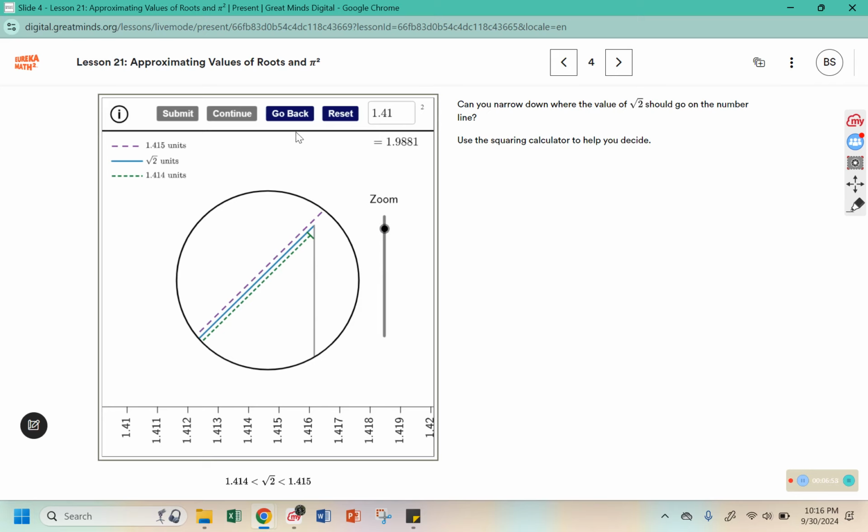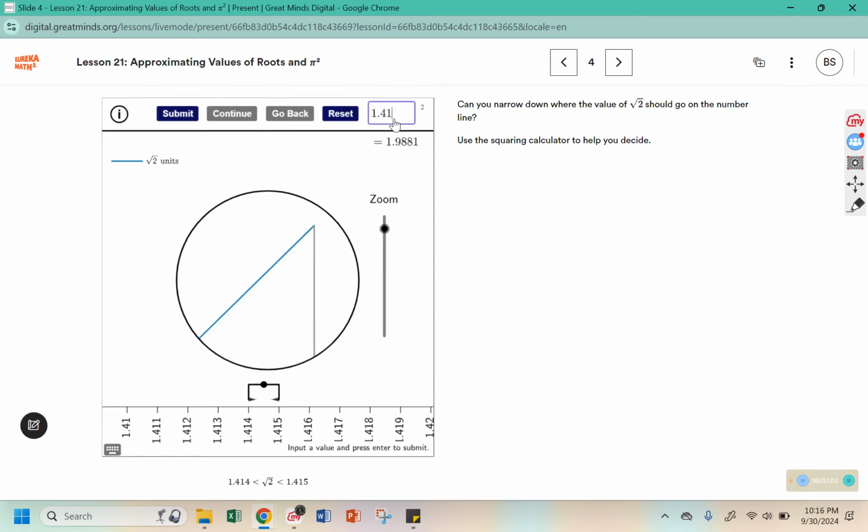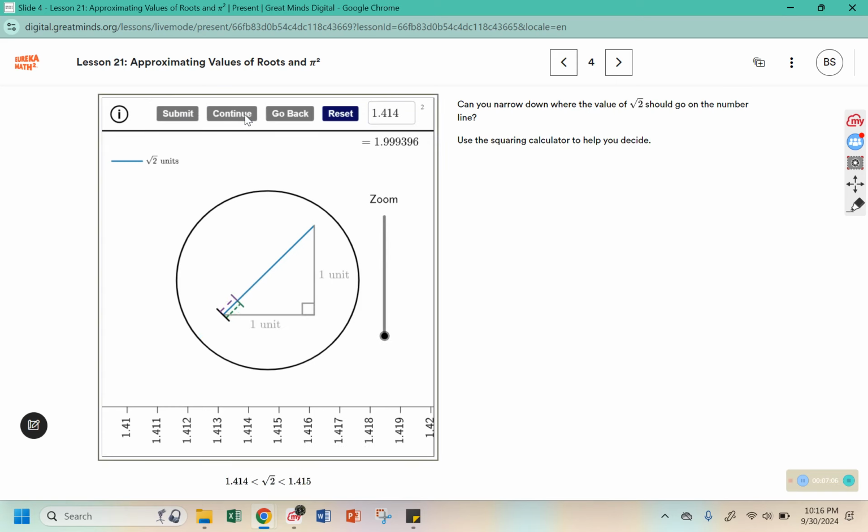So that was 1.414. All right, so we now know it's between 1.414 and 1.415. And we can't continue past that, but this process would continue on, but we are going to approximate to 3 decimals.